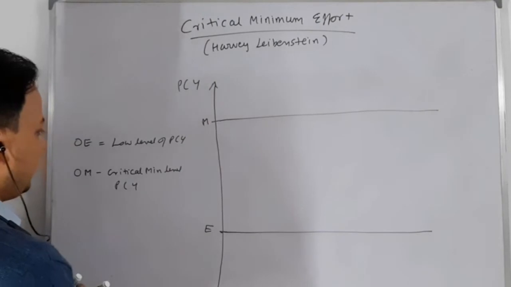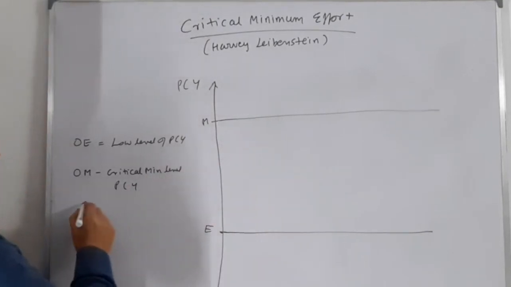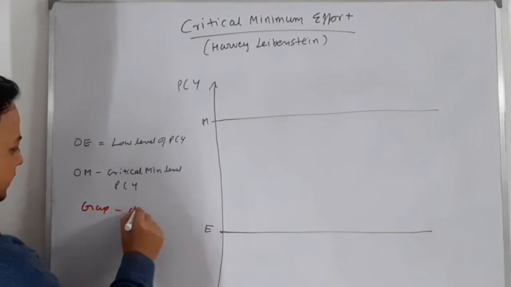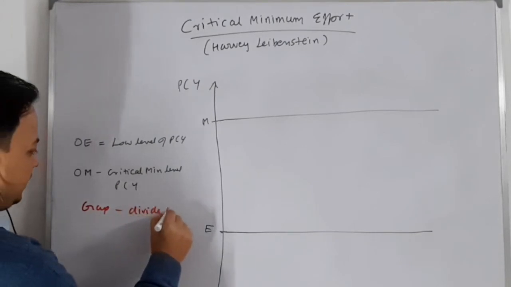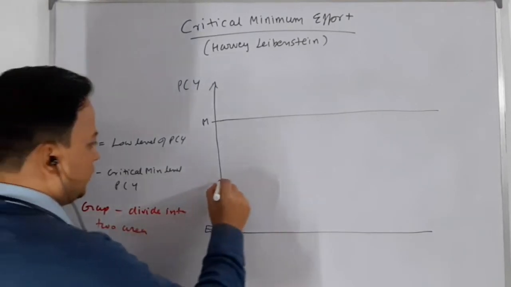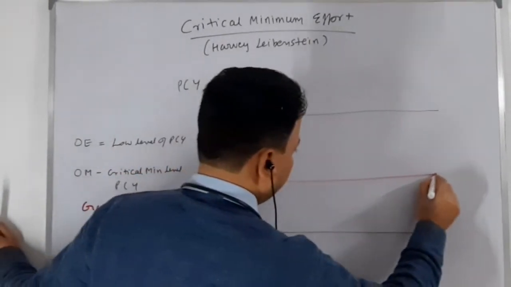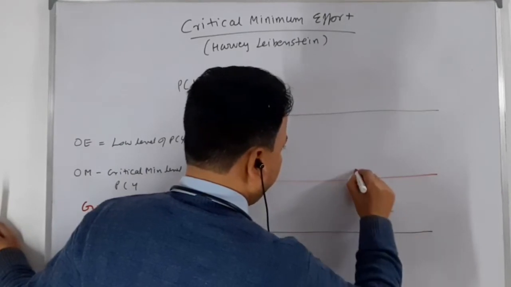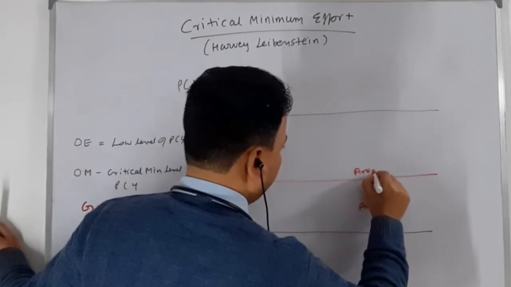Let's divide this gap into two areas. This is area 1 and this is area 2.